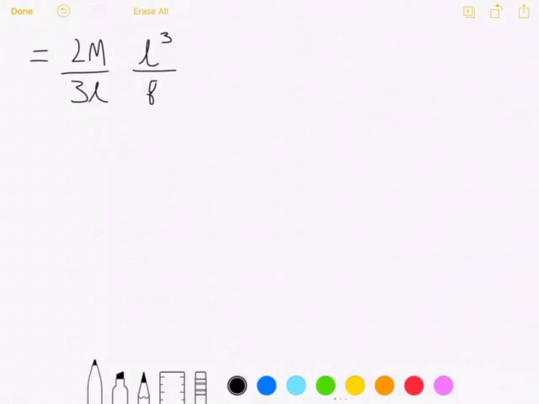So what's going to happen here is this L in the denominator is going to cancel out. In the numerator, it will simplify to L squared. This 2 in the numerator will cancel out, and this denominator will simplify to 4. 3 times 4 is 12, so we're going to get 1/12 M times L squared.